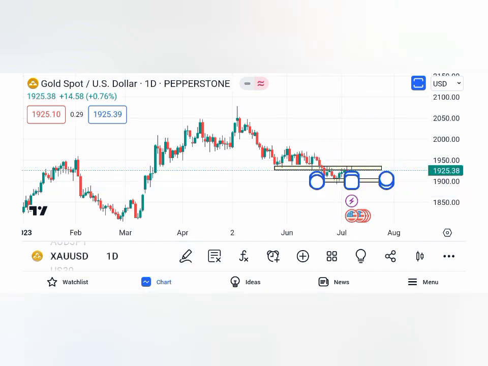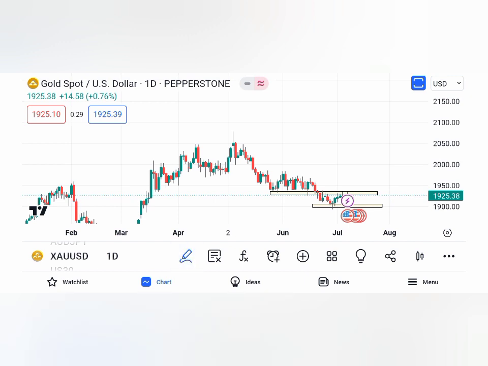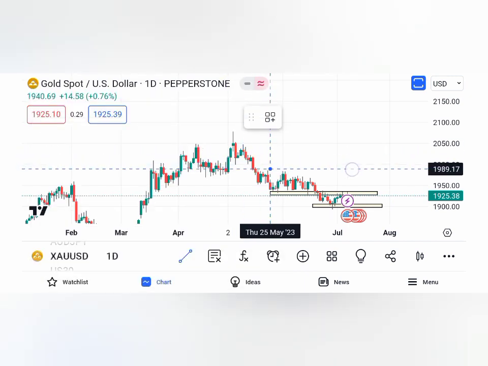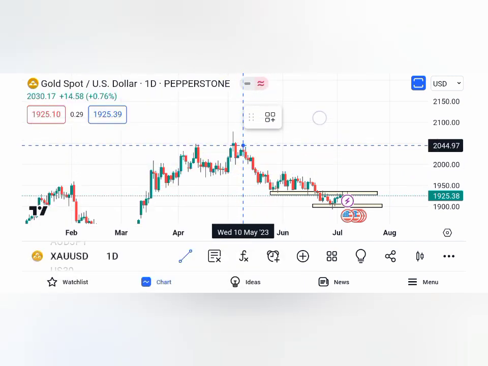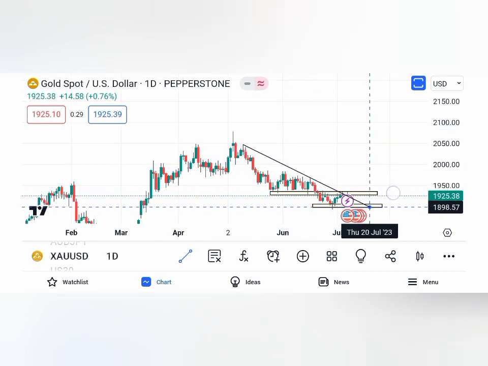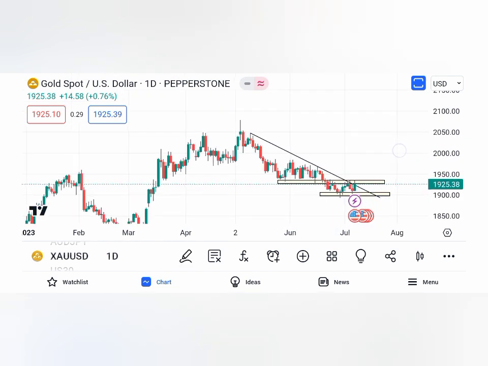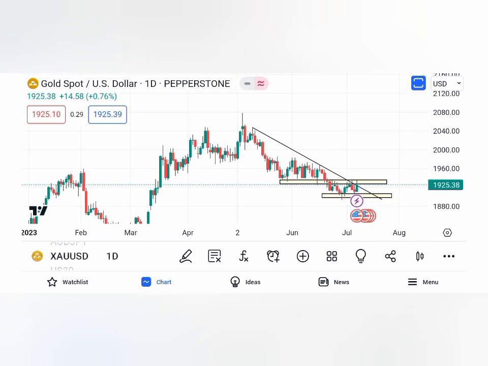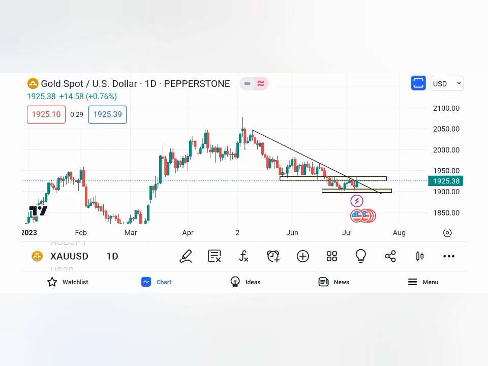Let me try and modify it a bit. So we have this trend line here on gold.